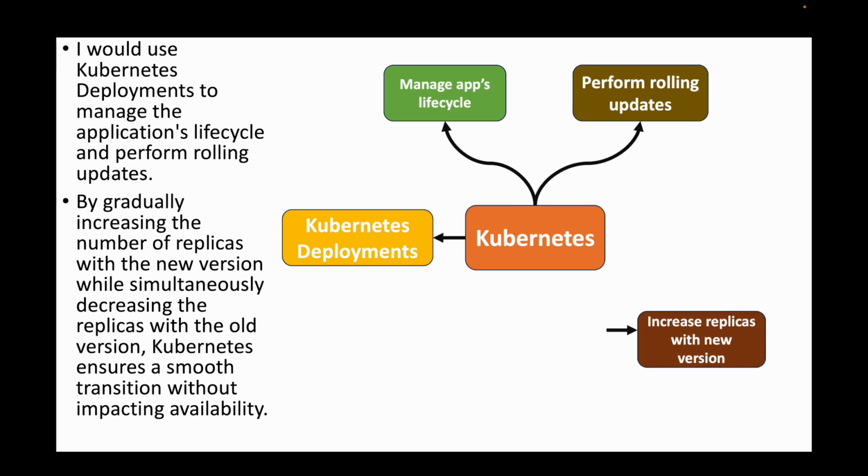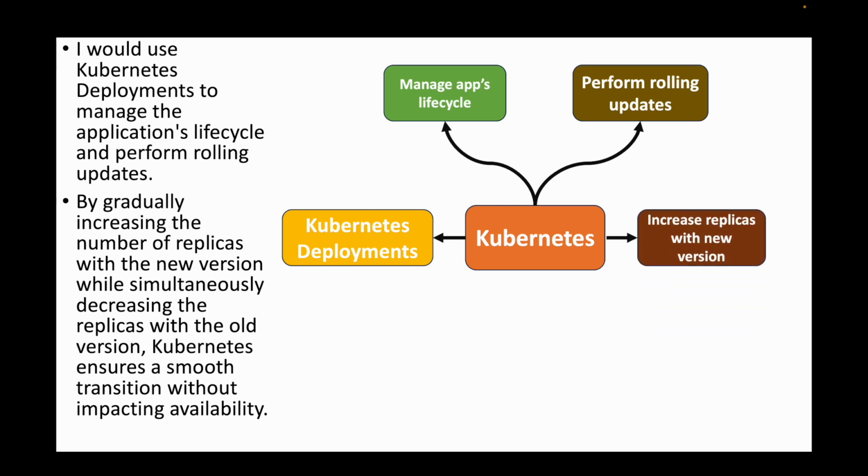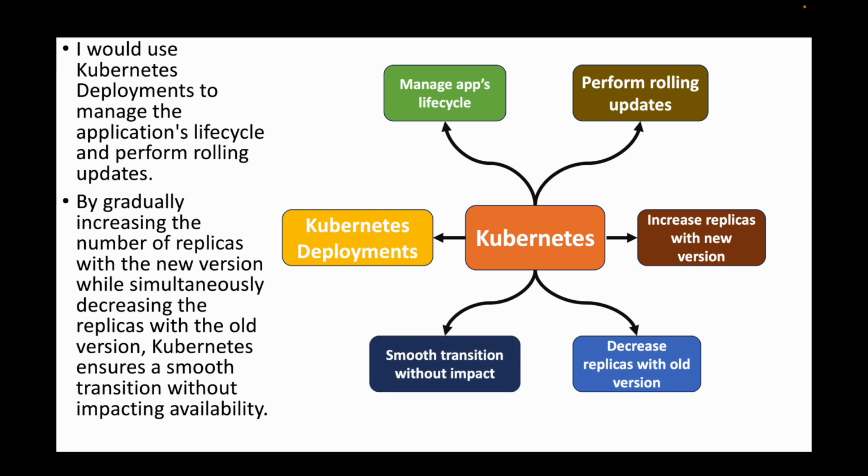We will gradually increase the number of replicas with the new version of the application. So we will increase the number of pods running the newer version of the application, and simultaneously decrease the replicas with the older version, and this will ensure we have a smooth transition without impacting the availability of the application.